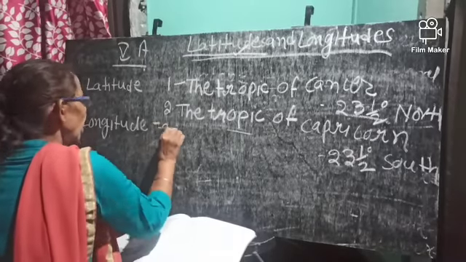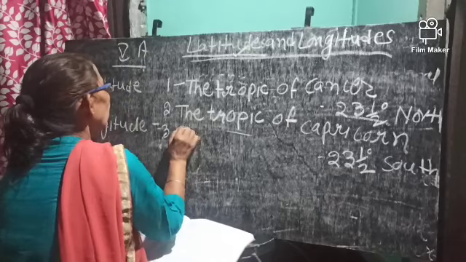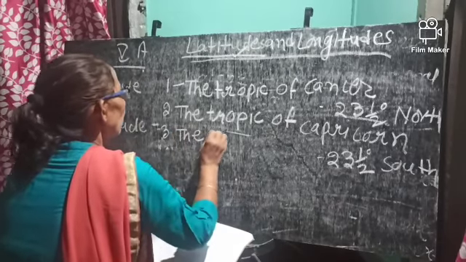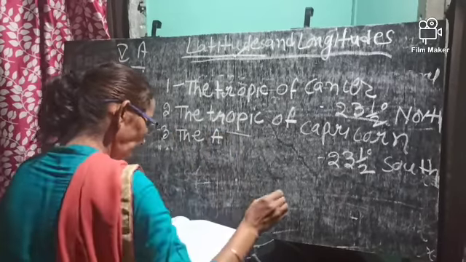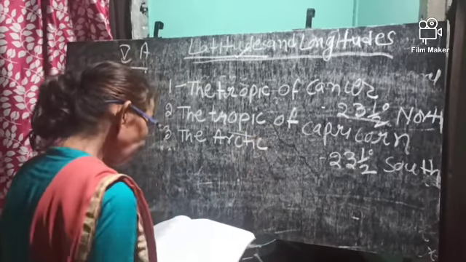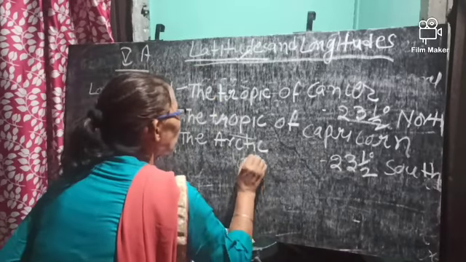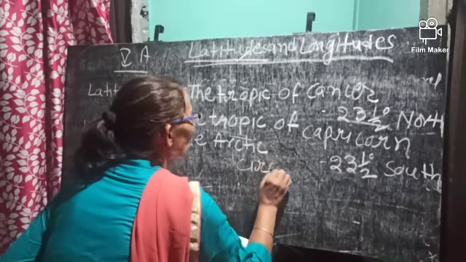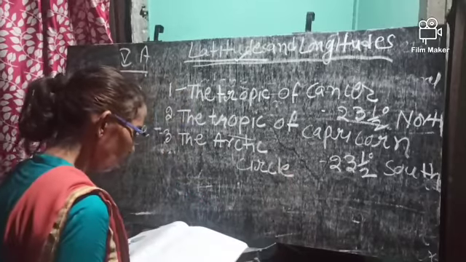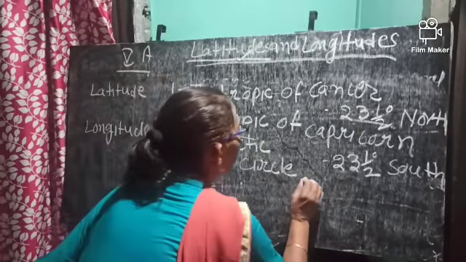The third one is the Arctic Circle, 66.5 degrees north.